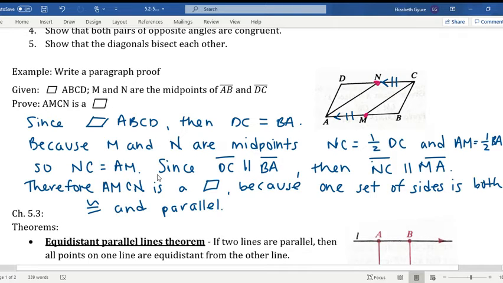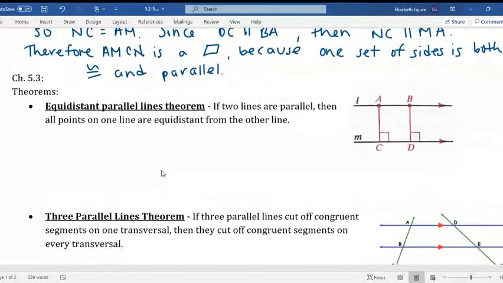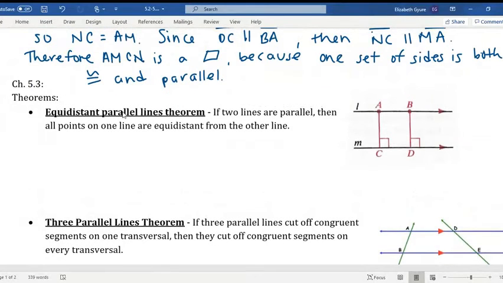Okay, so you use it in a very similar way that we did with the triangles. In 5.3, we have a few different theorems here. These theorems all have to do with parallel lines. The first one is the equidistant parallel lines theorem.